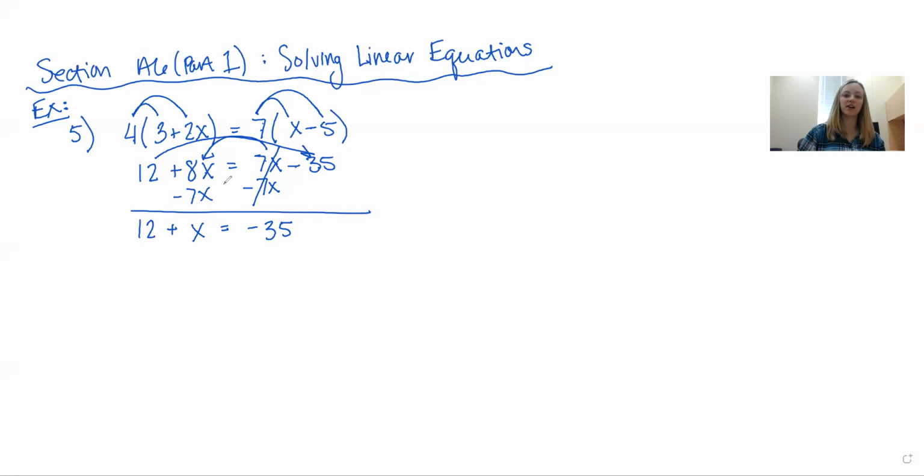All the variables are on the left side now, so let's move our constant to the right. It's a positive 12, so we're going to subtract 12 to get that 0 that we want. Those 12s cancel out. We're left with x equals negative 35 minus 12. Same sign, we add and keep the sign. So we get negative 47.